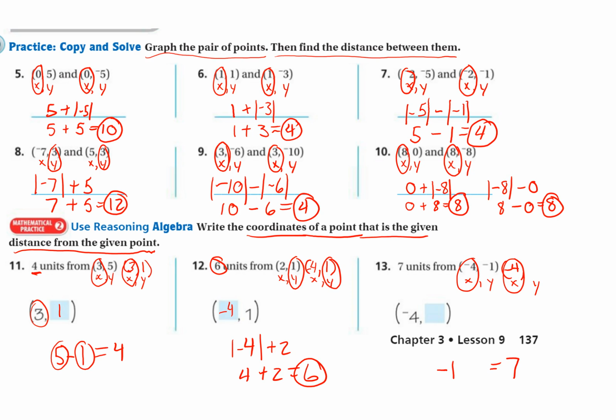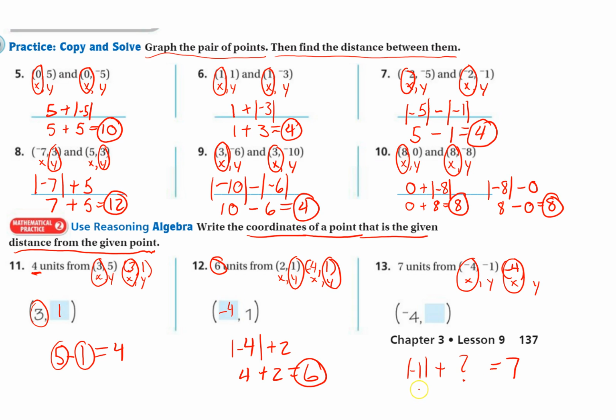So I'm going to need a positive number here, and I'm going to need to add. So the absolute value of -1 plus what equals 7?